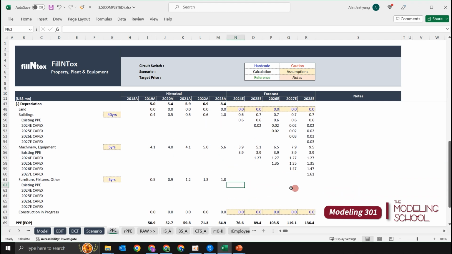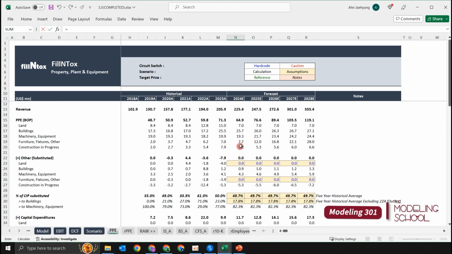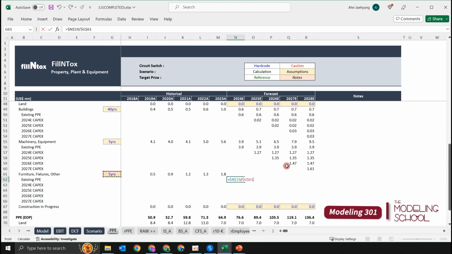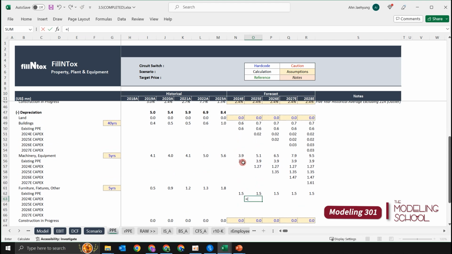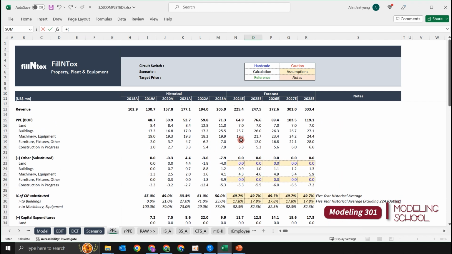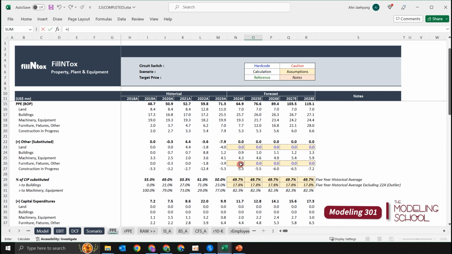Yep, let's do a similar process for furnitures as well. So we're beginning from the beginning balance, furniture, fixtures, and others, F4 divided by useful life, F4. We're going to make depreciation assumptions for 2024 capital expenditures. So add, where is it?